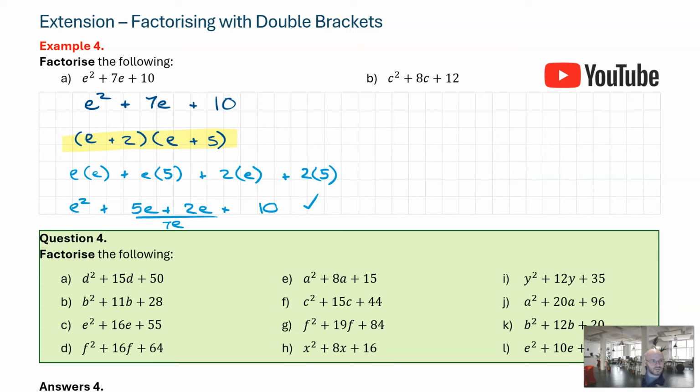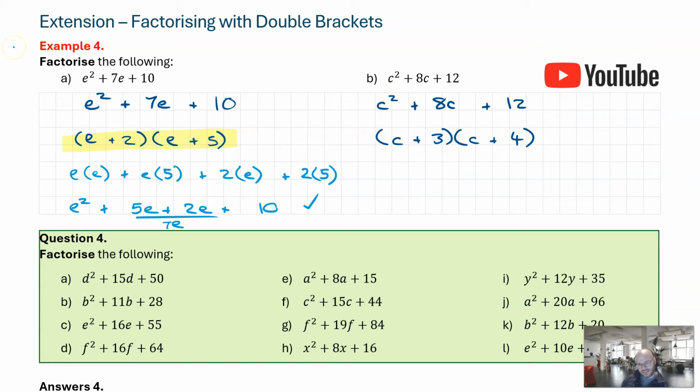Alright, moving along. C squared plus 8C plus 12. Again, we want to factorize these. We see that we have a C squared and we have a 12. That implies that we're going to have a C at the front here and we're going to have a C over here. On the other hand, we have the 12. We ask ourselves, what are the factors of 12? Well, they could be 3 and 4.